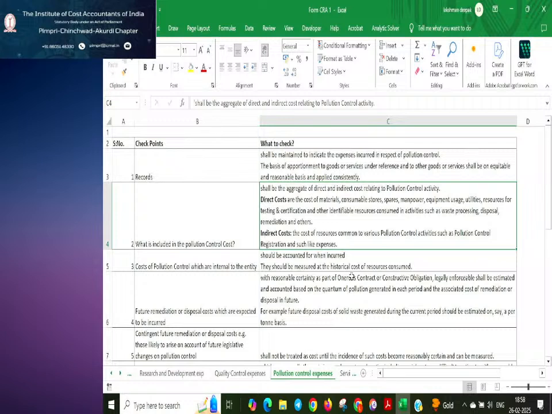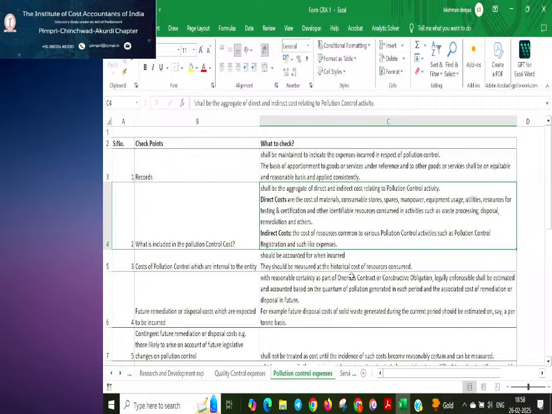So usually in such cases, if you look at financial accounting, that is in the statutory reports, they can give that as a footnote to their balance sheet, stating that this cost could be incurred in future relating to pollution control.